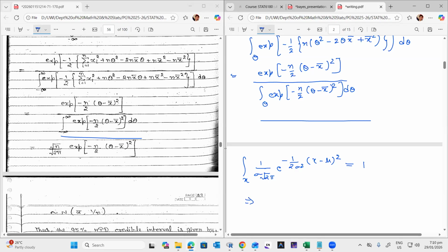So 1 upon sigma root 2 pi is a constant value, correct? So I can write it outside the integral. So at that time, the integral of e raised to the power minus 1 by 2 sigma square x minus mu whole square should be equal to sigma root 2 pi. Yes or no? Right.